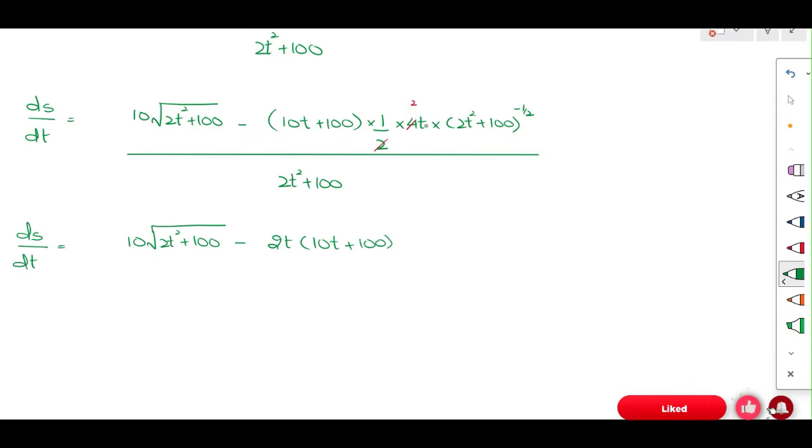What I did, 2t multiply by this bracket, and this term shifts to the denominator, square root of 2t square plus 100, because this power is minus 1 by 2. When you shift it to the denominator it becomes plus 1 by 2, and 1 by 2 power is basically root. This is 2t square plus 100.